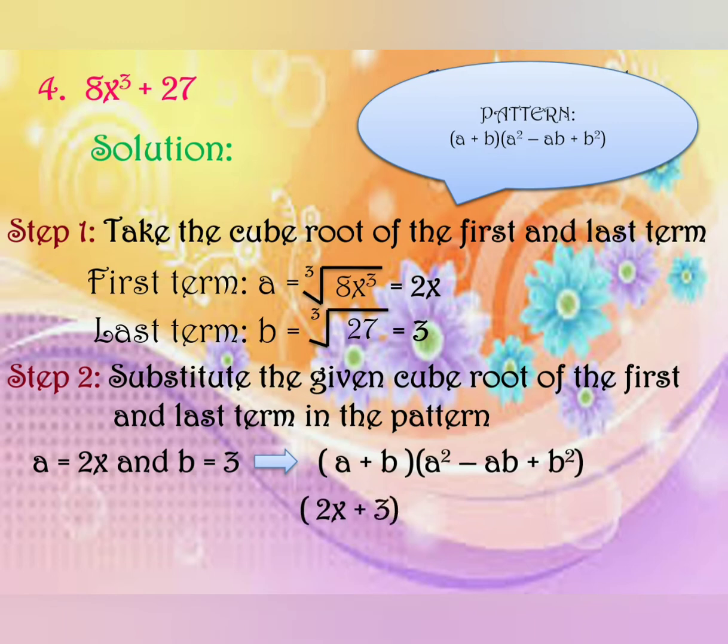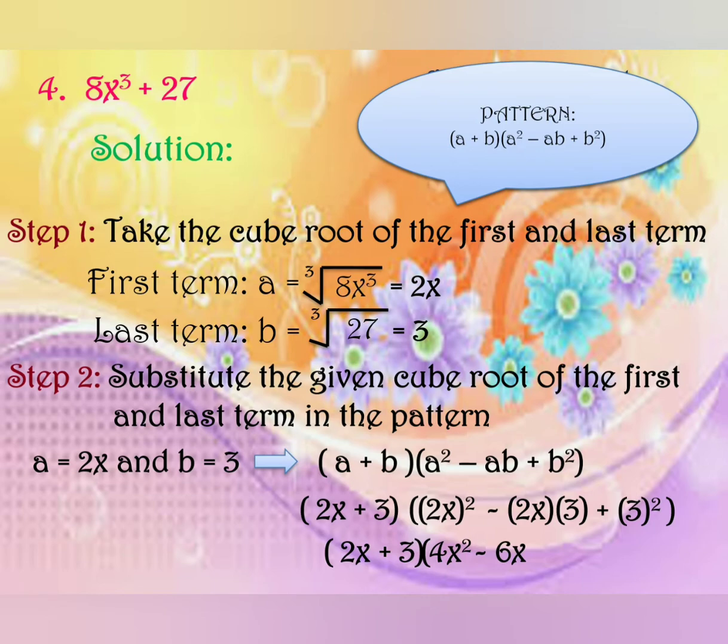So quantity 2x plus 3 times quantity 2x raised to 2, which is 4x squared, minus 2x times 3, which is negative 6x, plus 3 raised to 2, which is 9. So the factored form of 8x cubed plus 27 is quantity 2x plus 3 times quantity 4x squared minus 6x plus 9.